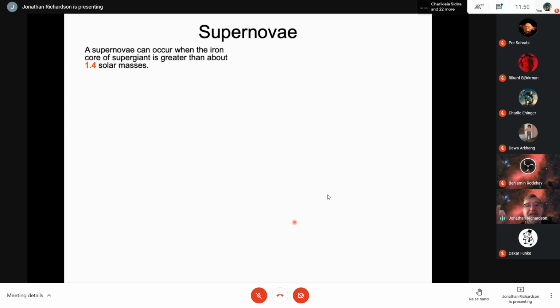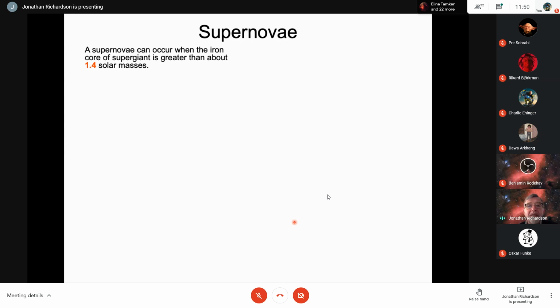You'll notice that we say here the iron content, not the mass of the star, is 1.4 solar masses, but the iron content of the core is around 1.4 solar masses.